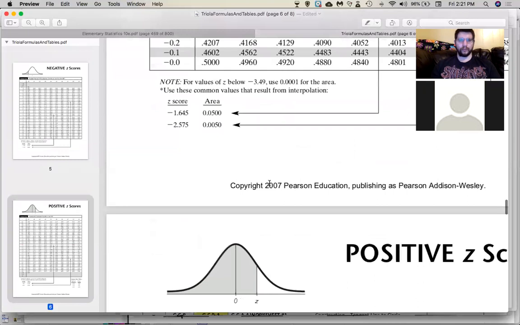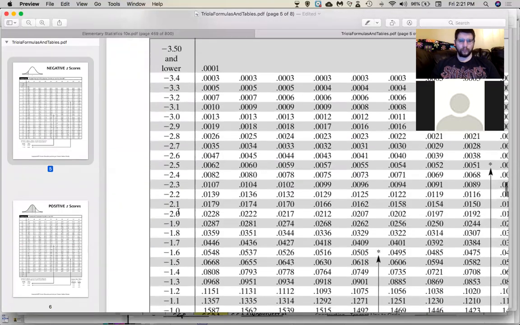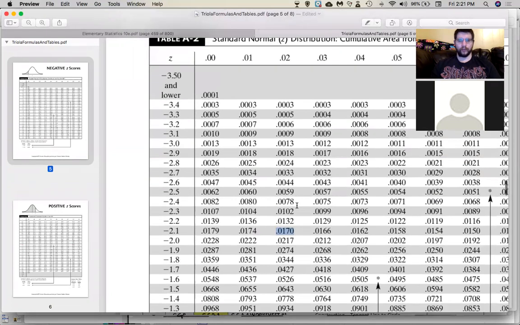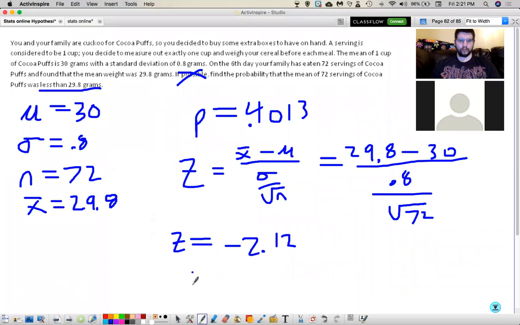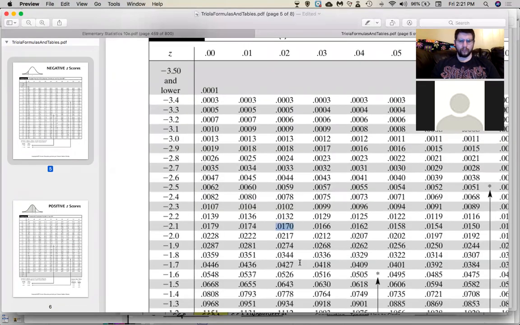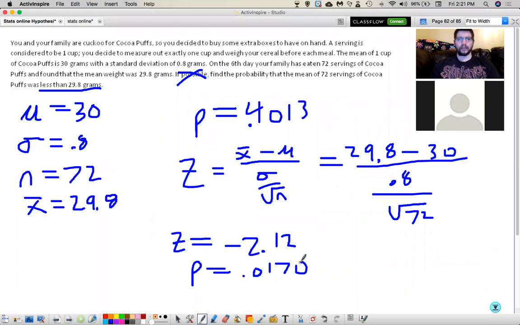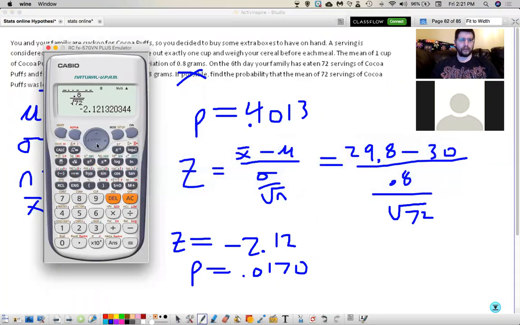Negative 2.12 should be this right here. Yep, 0.0170. So that's really, really different. Something went wrong on one of my calculations.